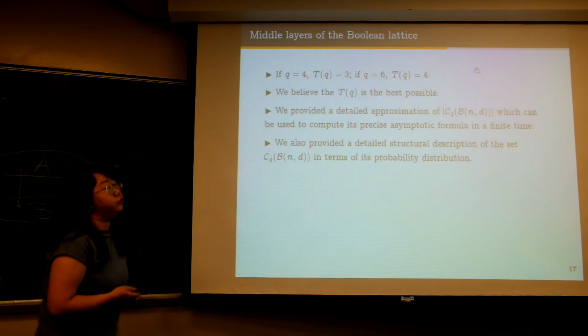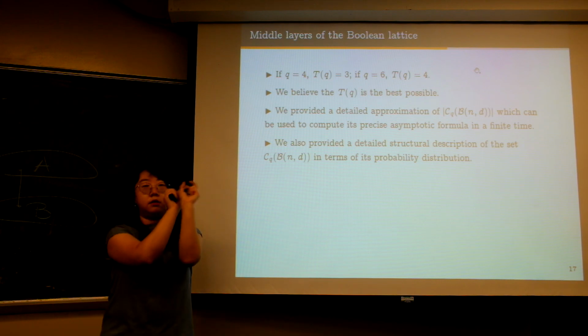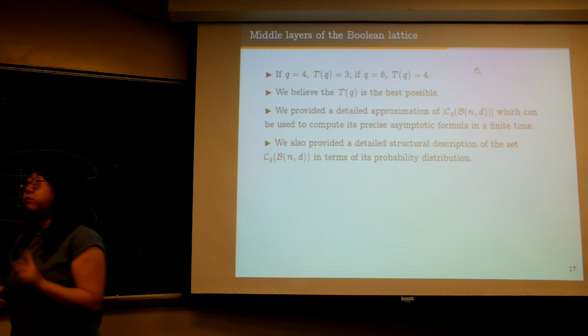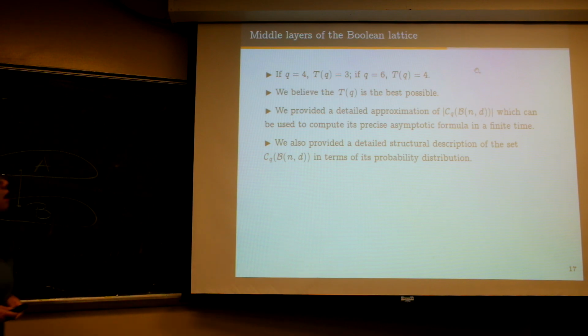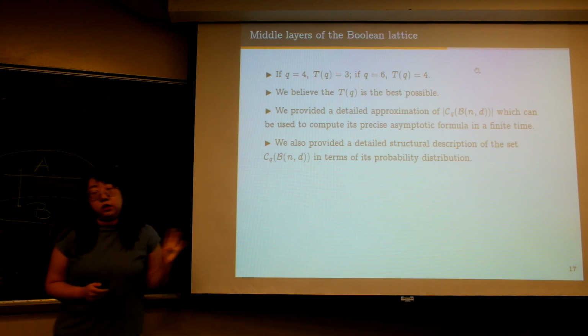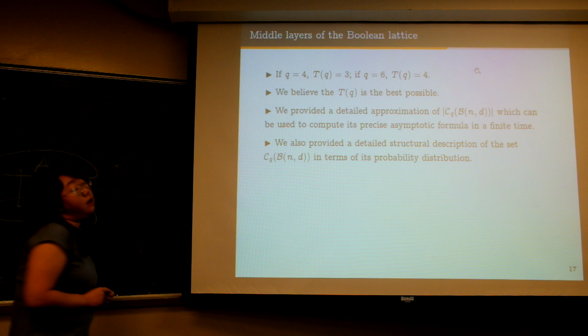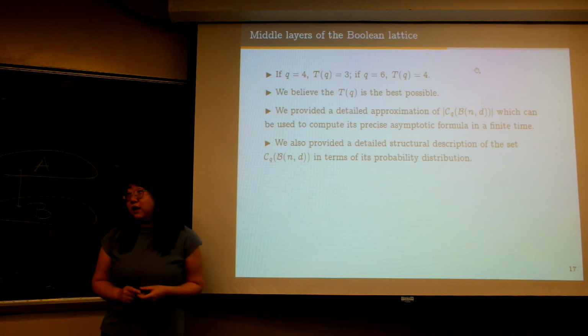When Q is equal to 6, TQ is equal to 4, so each of these small flaw spots is of size at most 3, so it's really small. We believe our definition for TQ is actually the best possible, but unfortunately, for some reason, we failed to prove it.